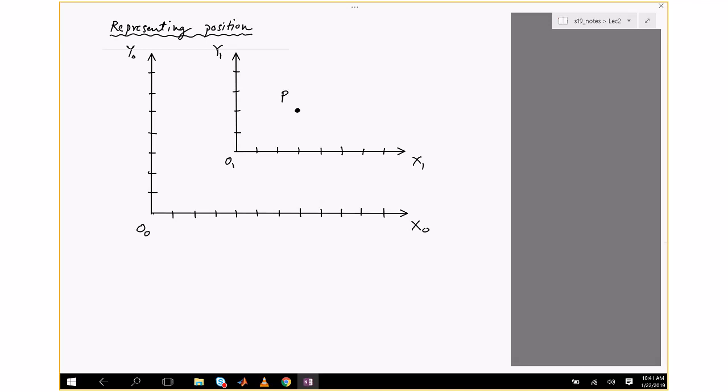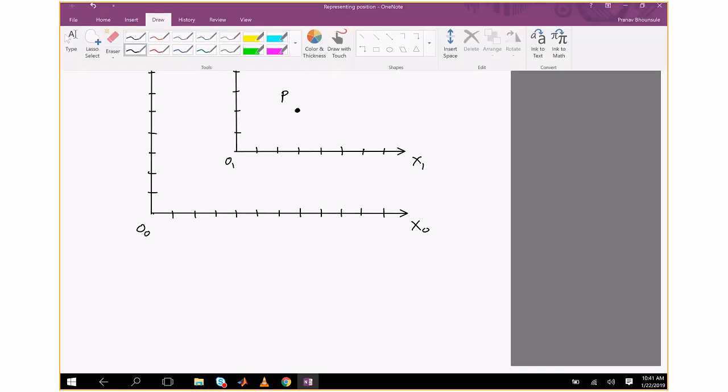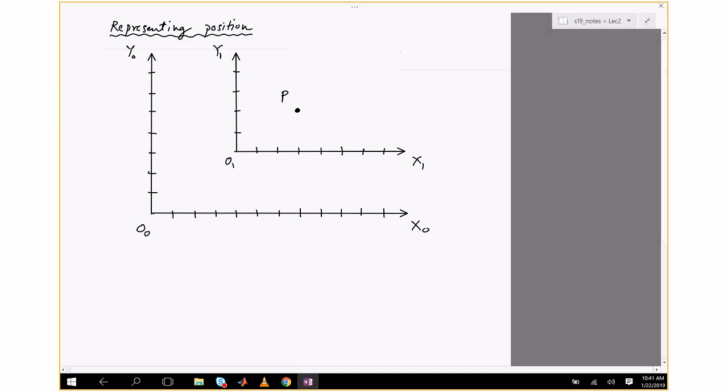Because I have two frames, I can define it at least in two ways. So what I'm going to do is draw a vector or a line from the origin to P. I can also use a line from the origin O0 to define it.